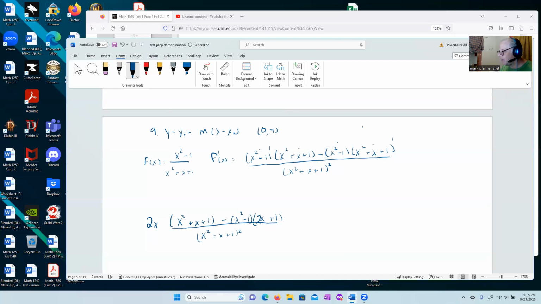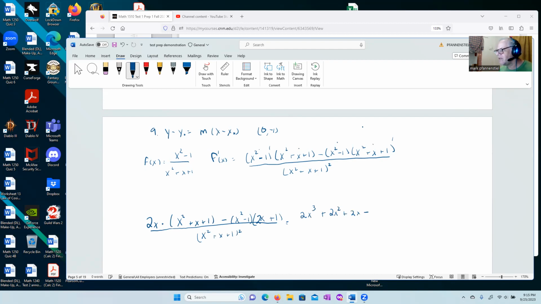Well, this is the kind of derivative that says, why do we ever have to simplify? Now we have to simplify. So this is equal to, we have 2x cubed, right? That's a 2x times x squared, plus 2x squared. Okay, and then at the end we have plus 2x.